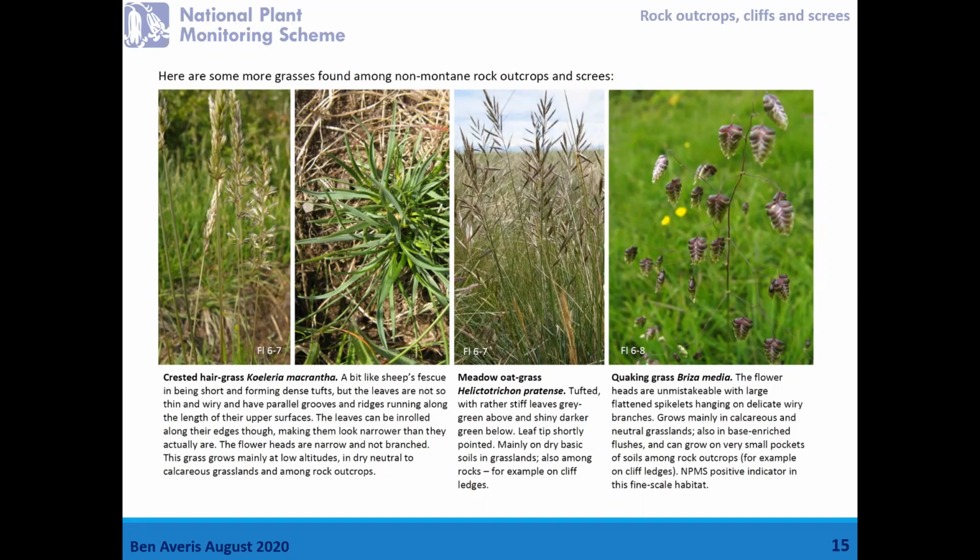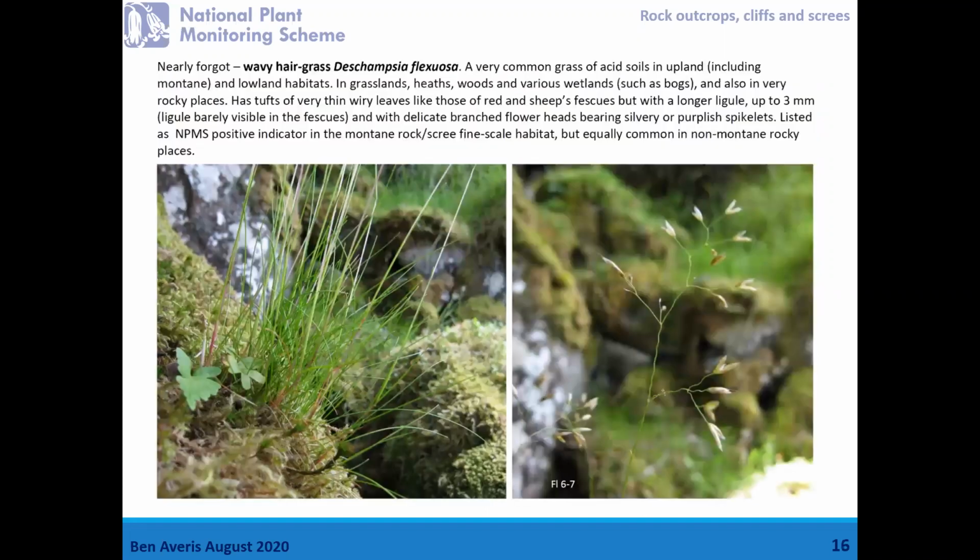It's the wavy hairgrass, which is really common. It's one of the commonest grasses where the soils are acid. Actually, wavy hairgrass has got a new name, Avenella flexuosa. So at some point, these might get updated, but anyway, if you call it wavy hairgrass, people always know what you mean.